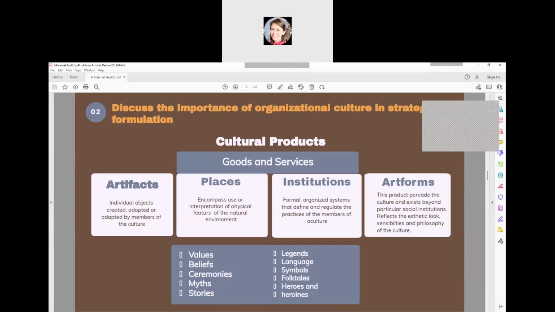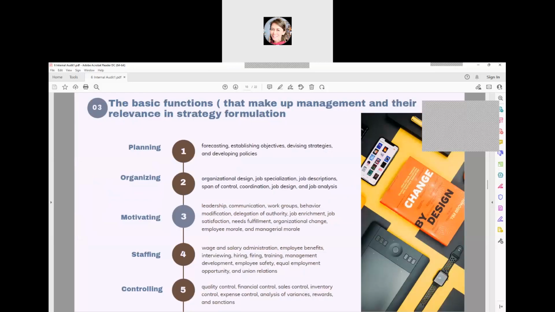And now coming to this one, the basic functions that make up management and their relevance in strategy formulation.